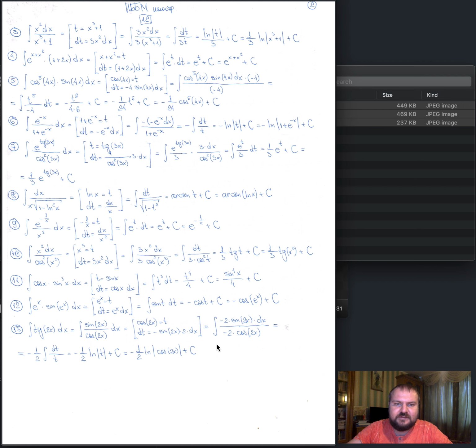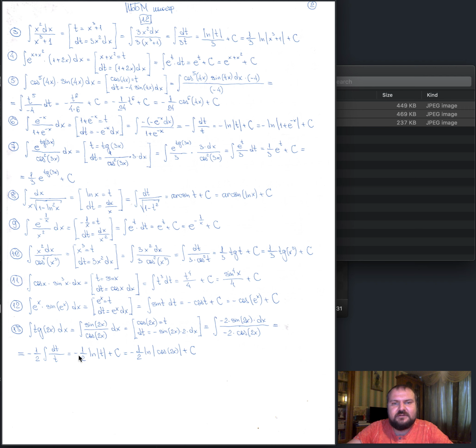So we have the integral of minus 2 sine 2x dx, but minus 2 sine 2x dx is dt in the numerator, and minus 2 cosine 2x is t in the denominator. So we get minus 1/2 integral dt divided by t.